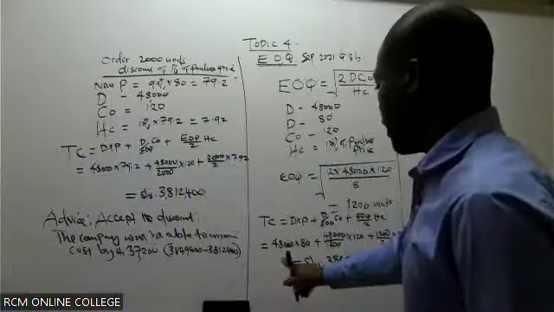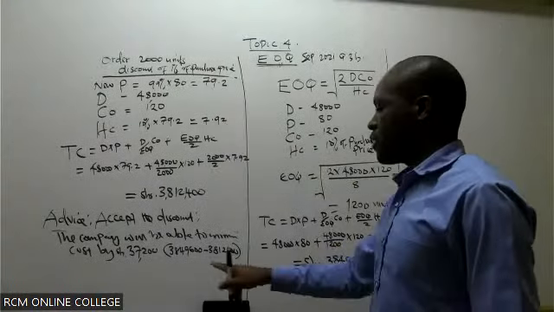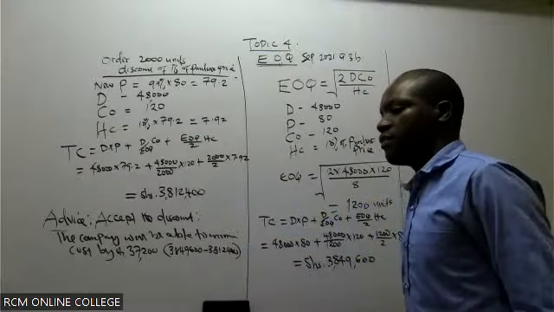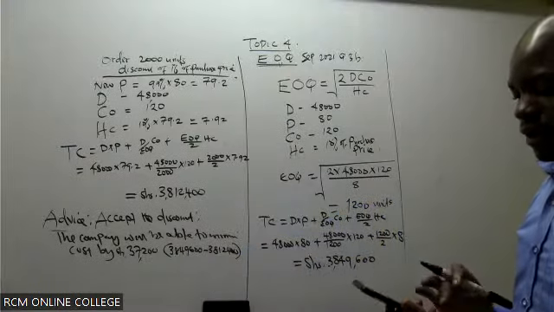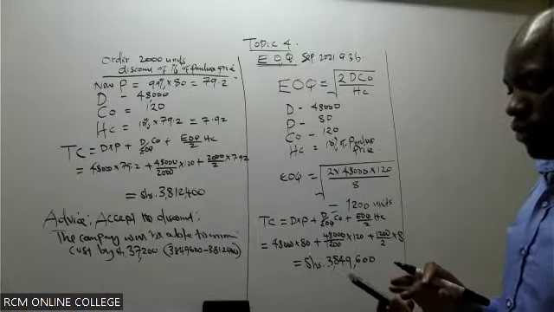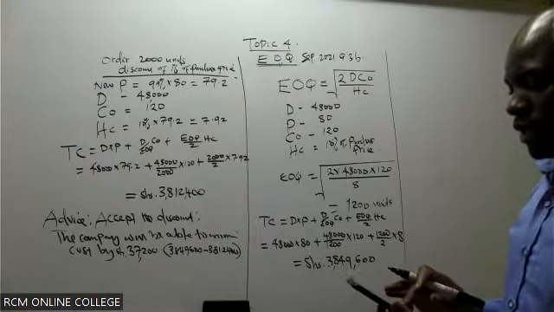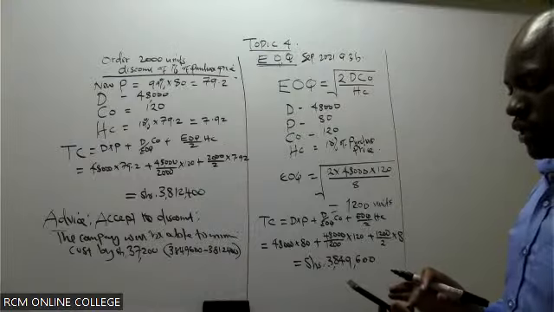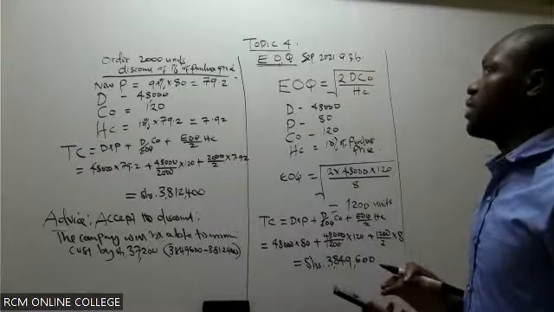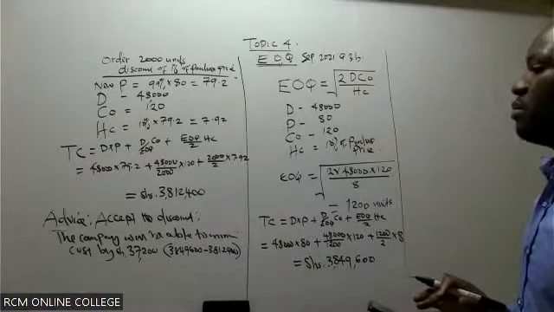That is, you take the highest by ordering 1,200 minus the lowest by ordering 2,000. If that is done, you've been able to take care of that particular question, which is September 2021, question number 3B.